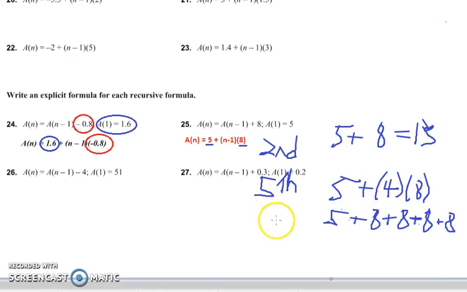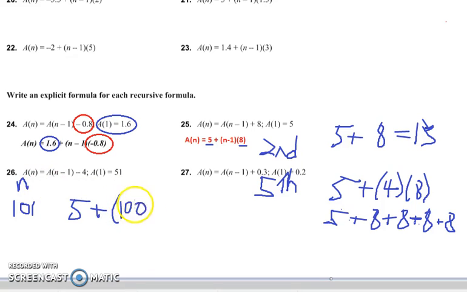The application of this is if I was going to ask you for something like the 101st term. So then you would take the first term, which is 5. So it'd be 5 plus n minus 1. If this is n, then that means n minus 1 is 100.